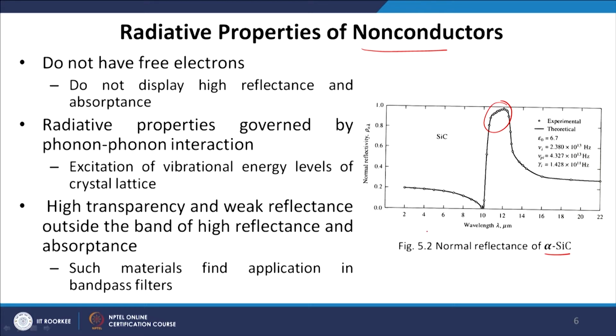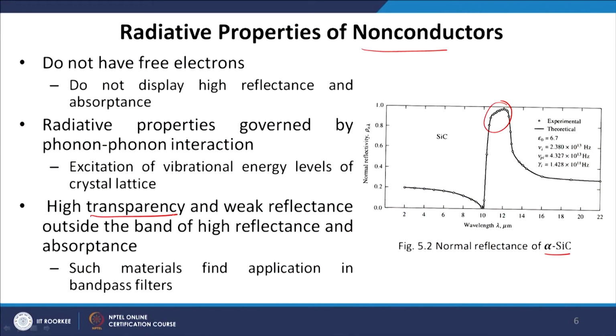Other than these bands, they are virtually non-reflective, with a very low value of reflectance, and they are good transmitters also. Most of the energy that is not reflected from the material surface will be transmitted. So, non-conductors are highly transparent with weak reflectance, and they have a band of high reflectance and absorptance.